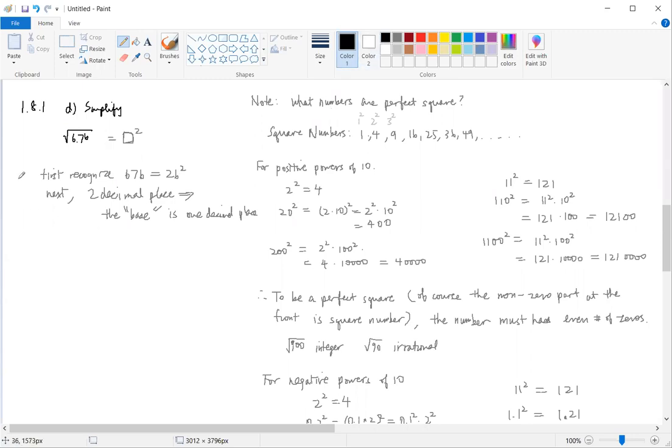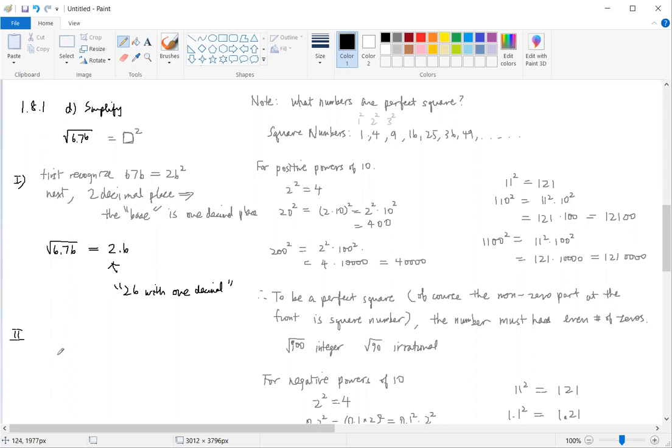So again, this is method 1. One way to do it is root 6.76 is supposed to be 26 with 1 decimal. That's 2.6 exactly. Okay, that's one way to do it.